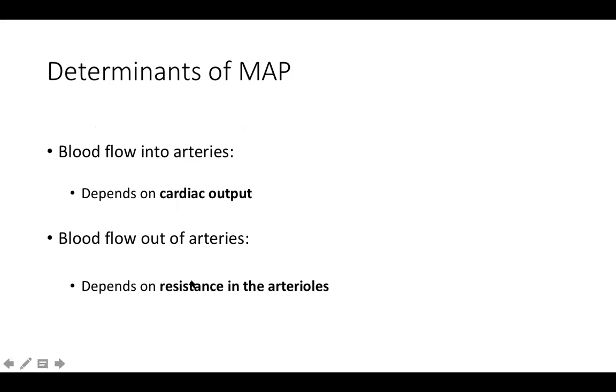And the flow out of the arteries is largely dependent on the resistance within those smaller vessels, those arterioles. If all of those arterioles are really constricted, less blood is going to be able to flow through them. So you're going to end up with more blood in the arteries, which is going to increase mean arterial pressure.